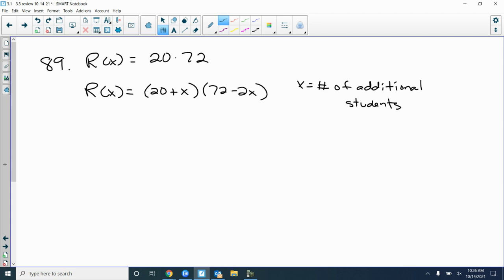All right. How do we determine the number of students and the maximum revenue? We need to find the vertex. FOIL those two together.